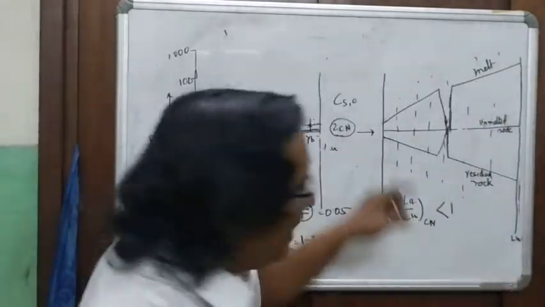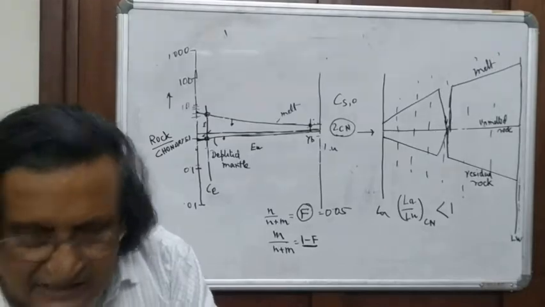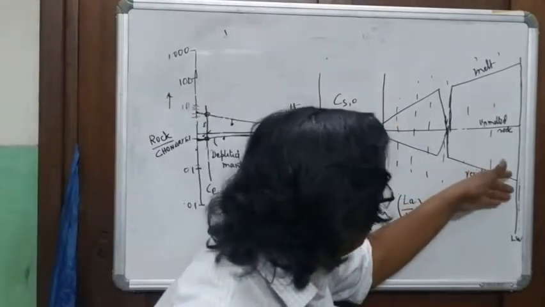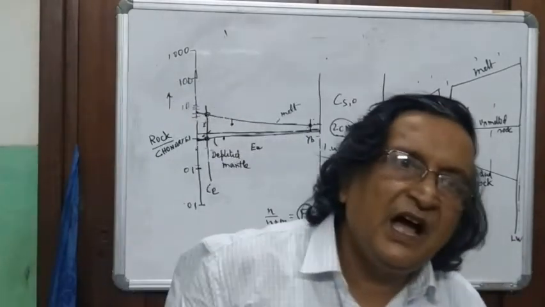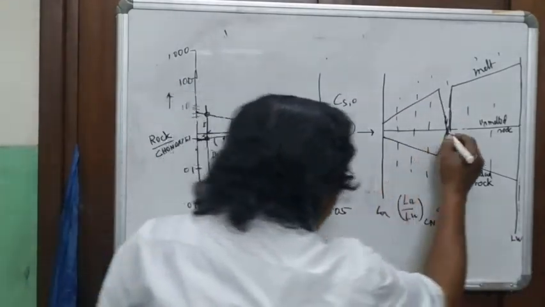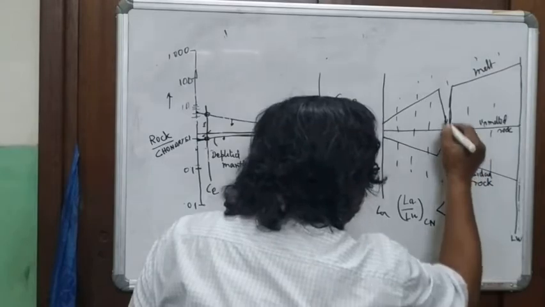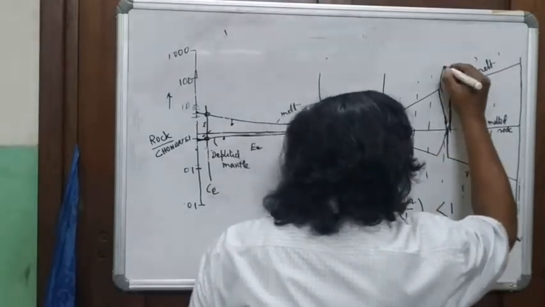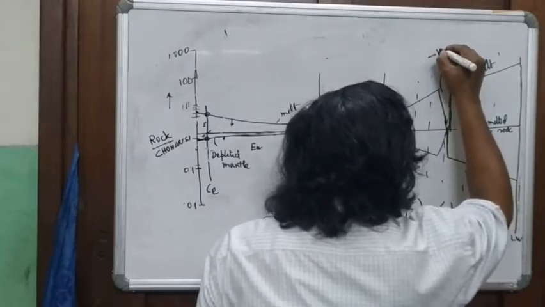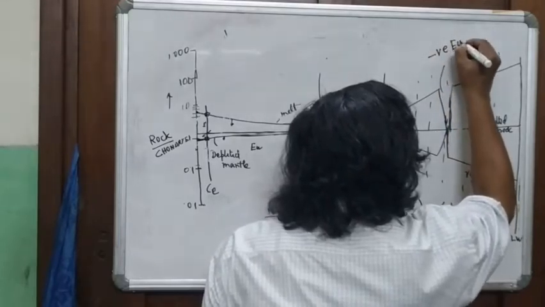So lanthanum will be released less into the melt, whereas the fractionation of lutetium will be very high. And europium here would be held back in the residue, so this will develop this type of anomaly. Now this is called negative europium anomaly.